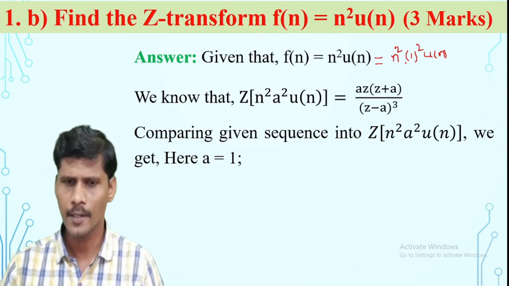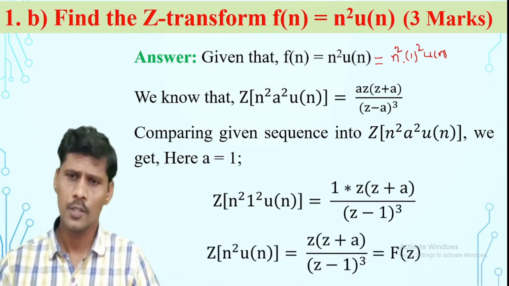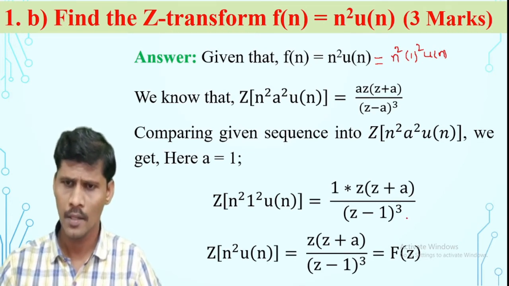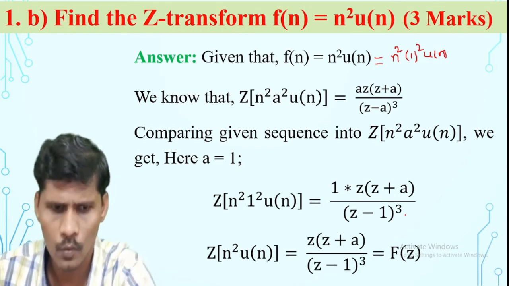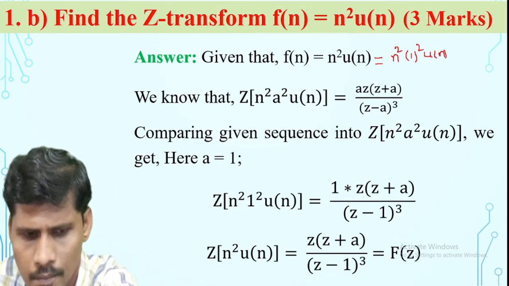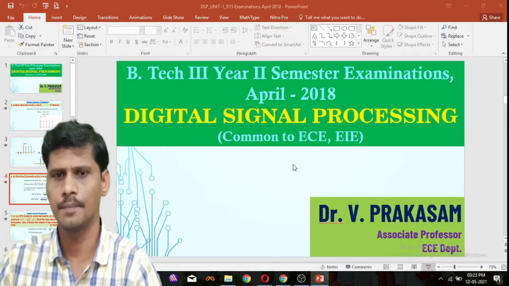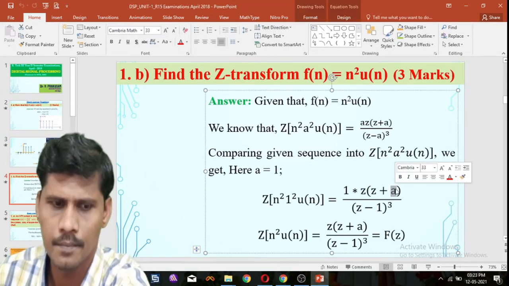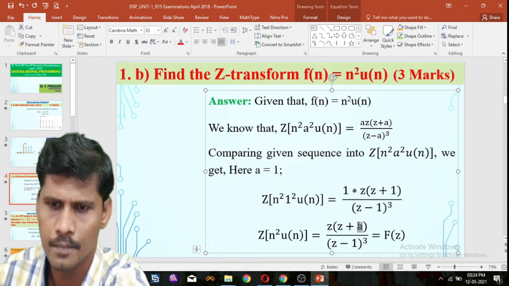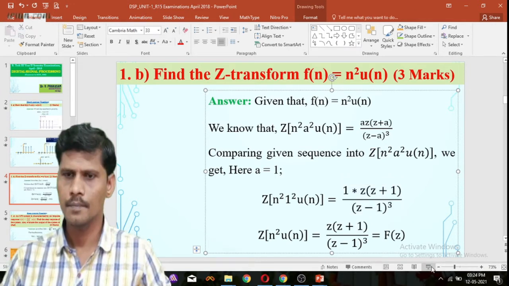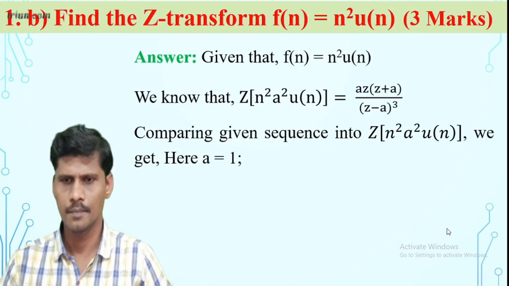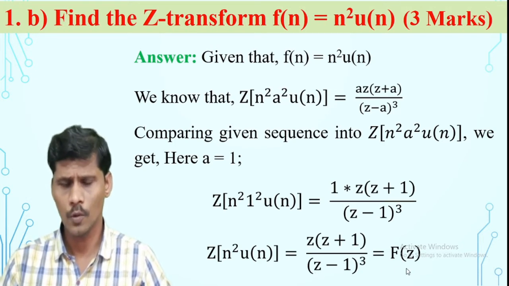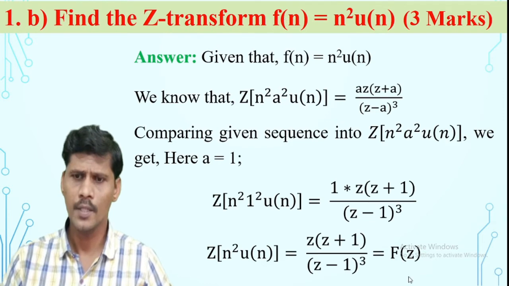So therefore, the Z transform of n square u of n is equal to z into z plus 1 by z minus 1 whole cube, where a is equal to 1. That is the Z transform of f of n, that is f of z.